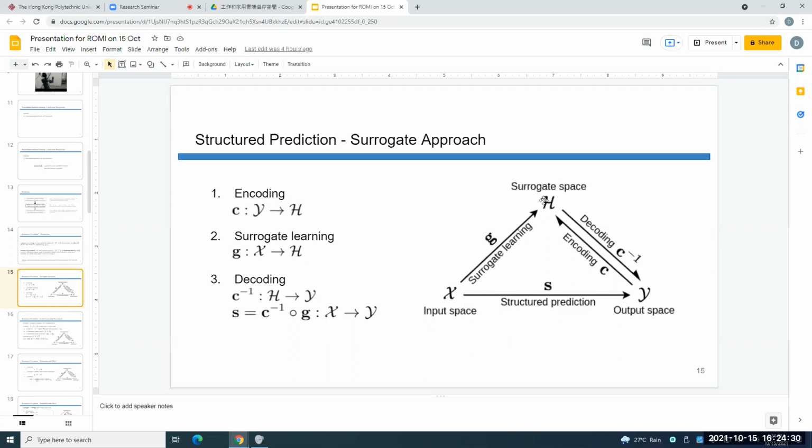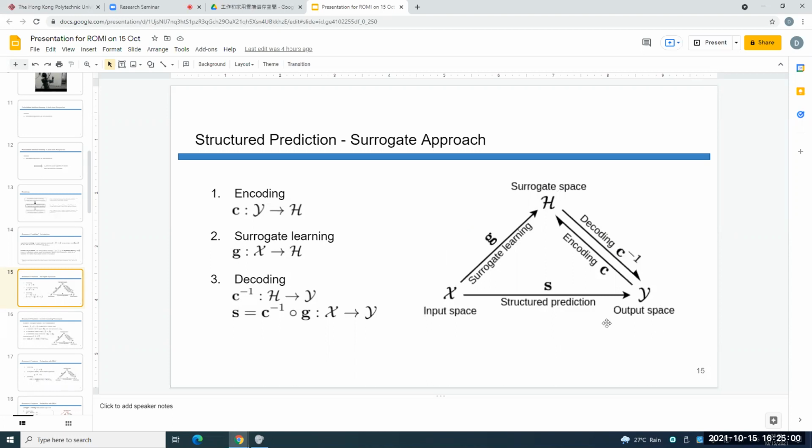So now the learning problem is simplified as a mapping from this input space X to this vector space. For learning this mapping rule, we have multiple machine learning techniques. As long as this mapping rule is learned, we just project the learned value back to the output space with this decoding law, C inverse.